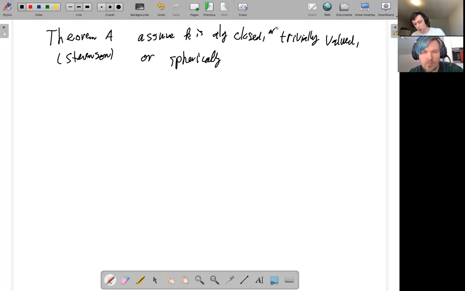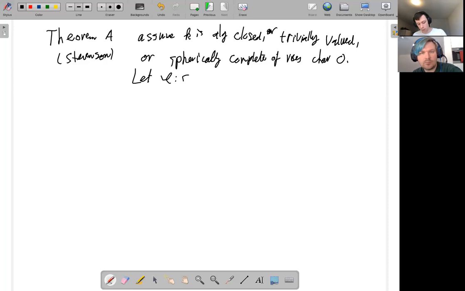So there's an or here, not an and. Spherically complete of residue characteristic 0. We let our subharmonic function be given. By the way, sometimes I write E1, sometimes I write X, but this is the same.